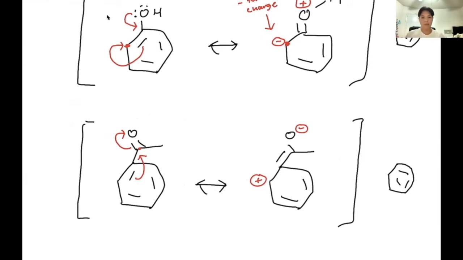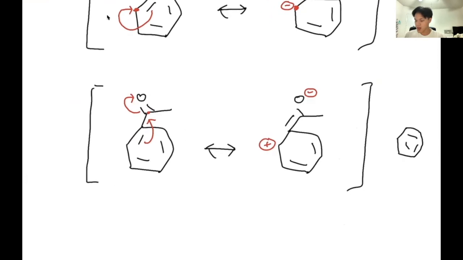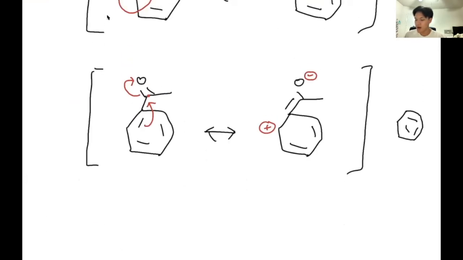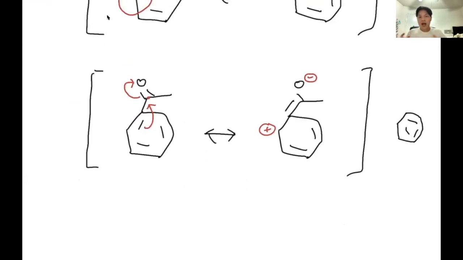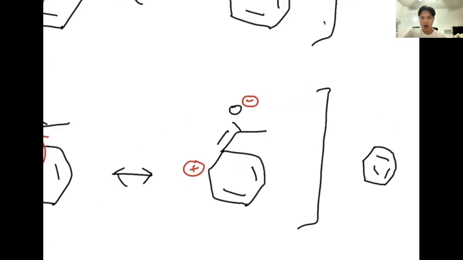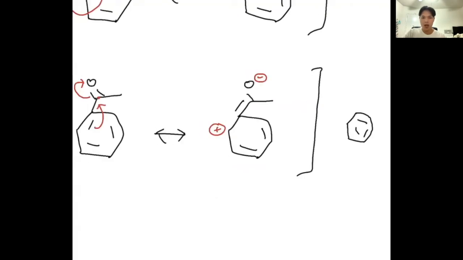So those are just some examples of such groups, right? Now let's put all that into consideration and do some practice problems. I have a few practice problems that I'll show you.